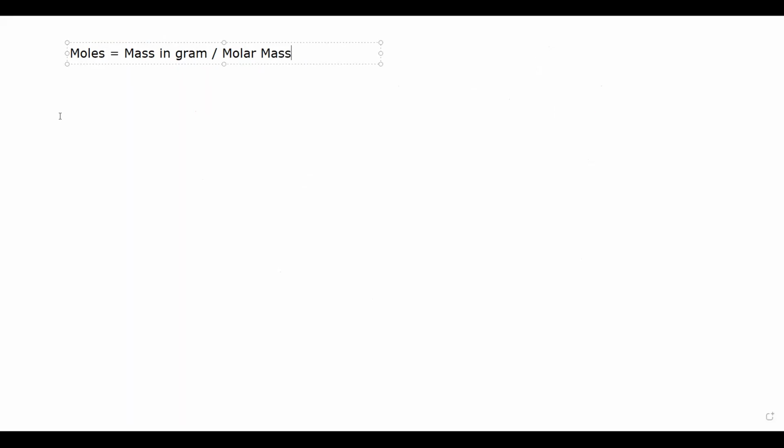Another example, find moles of water, which is H2O, in 72 grams of water. So we have to find the moles of water in 72 grams of water.